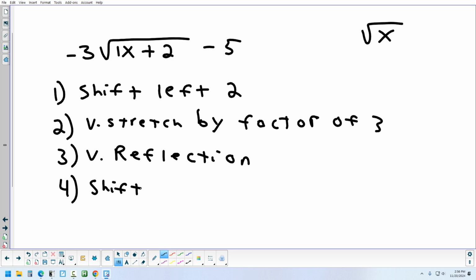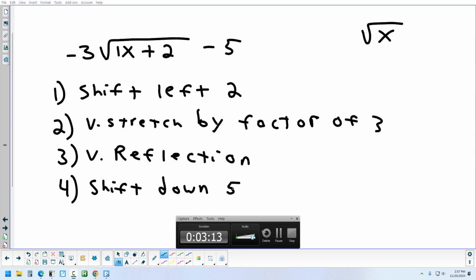Vertical, up. No, wait. Oh, did I put that down wrong? Okay, I think that is vertical shift down 5. Yes, it says here left and right, let me fix that. So vertical shift down 5. That's perfect.